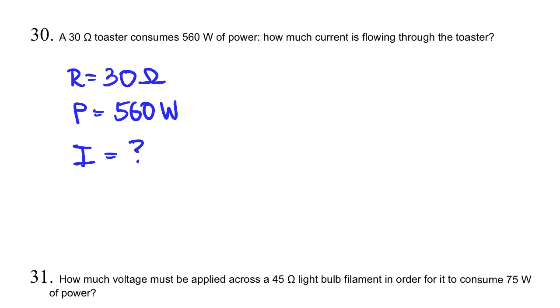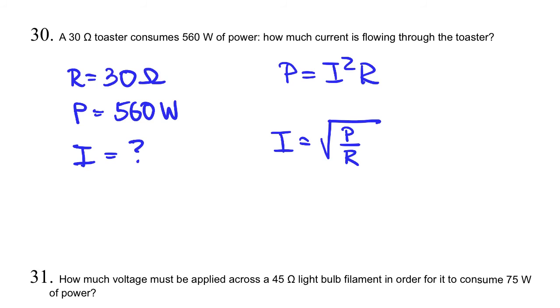So if I took good notes on that second yellow slide that looked like notebook paper, I would probably look, since I have resistance, power, and current, I would start looking at this column, which says P equals I squared times R. If I rearrange this equation, I would divide both sides by R and then take the square root, so the current becomes the square root of P divided by R. I can plug in my numbers now. 560 divided by 30, take the square root of that.